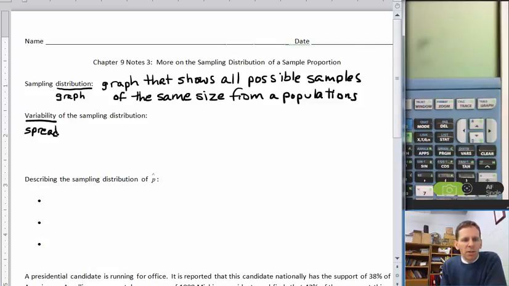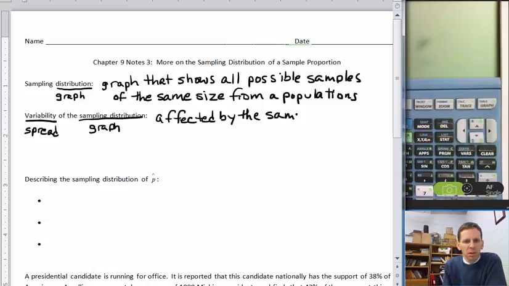So if I ask you about a sampling distribution, a distribution is a graph. If I talk about variability, I'm talking about the spread of the sampling distribution, the spread of the graph. And what we mentioned yesterday was that the spread of the sampling distribution is affected by the sample size, not by the population.